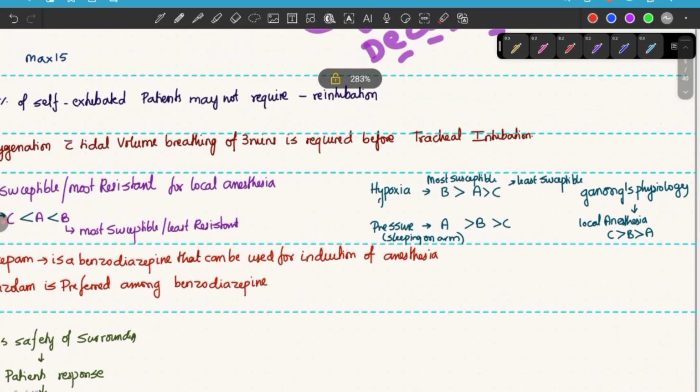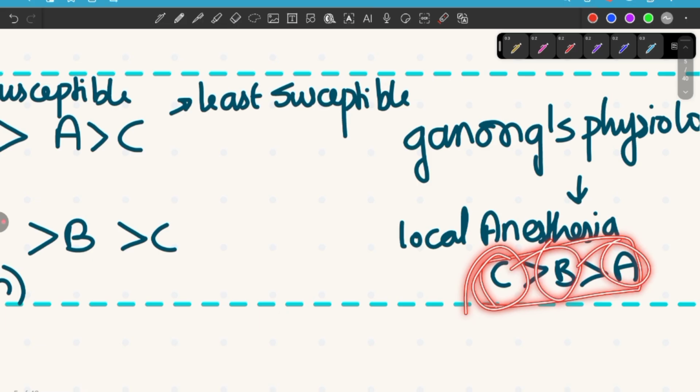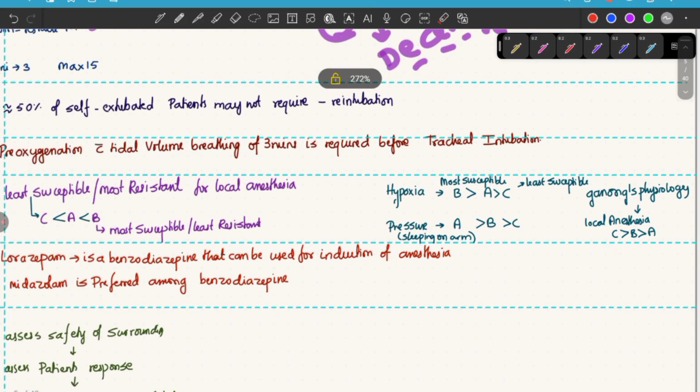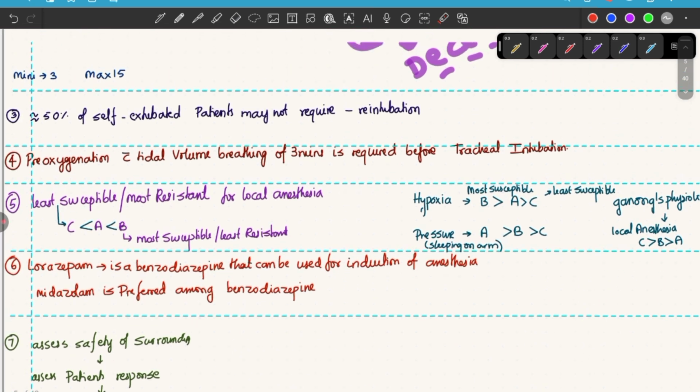See, some textbooks of physiology have given local anesthesia susceptibility as CBA. It is not CAB, right? It is CBA, where C is most susceptible, B is intermediate, and A is least susceptible, they have given. But I guess that is not required.